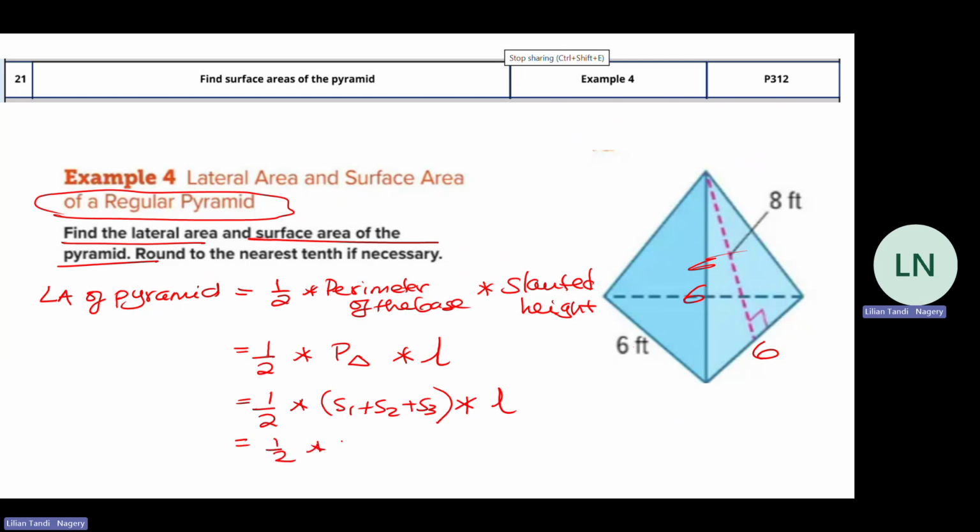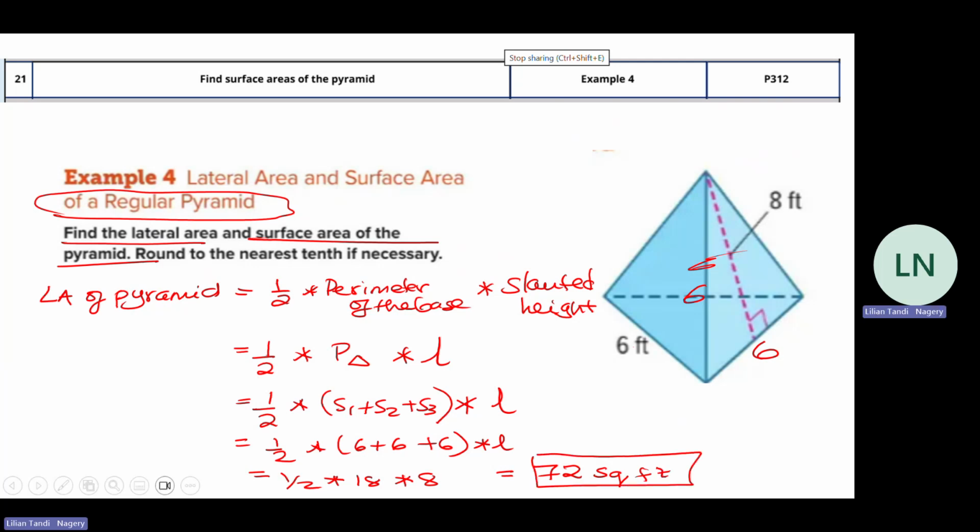Half multiplied by (6 plus 6 plus 6). So this will be half multiplied by 18 multiplied by 8. And this should give you 72 square feet. 18 times 4 should be 72.